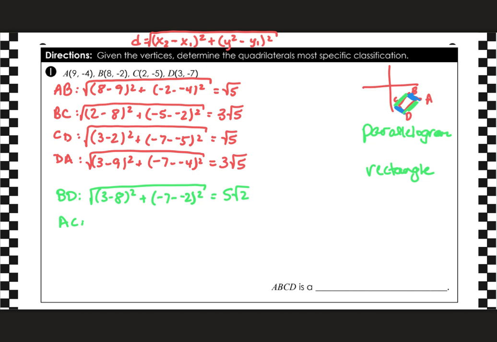So that's going to be 2 minus 9 squared plus negative 5 minus negative 4 squared. And that is also 5 square root of 2. So my diagonals are equal, or congruent. So that tells me that I have a rectangle.